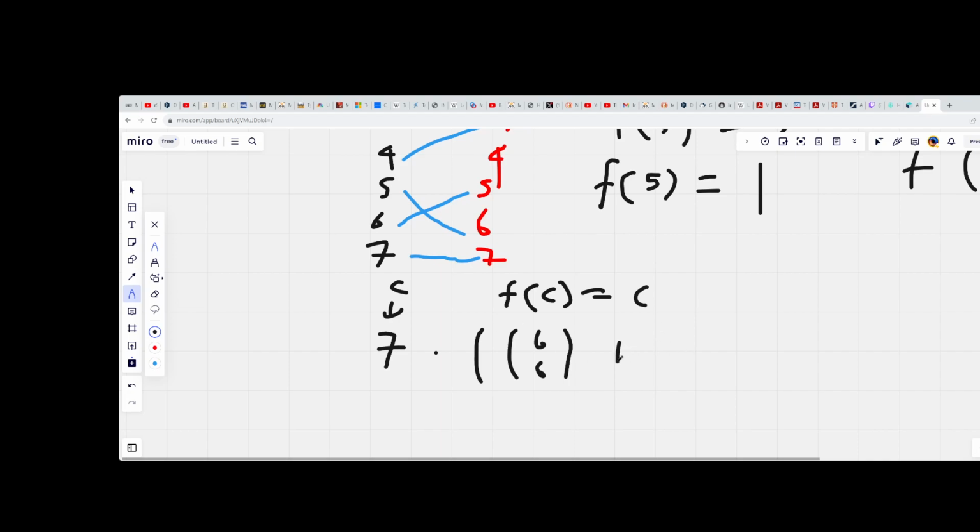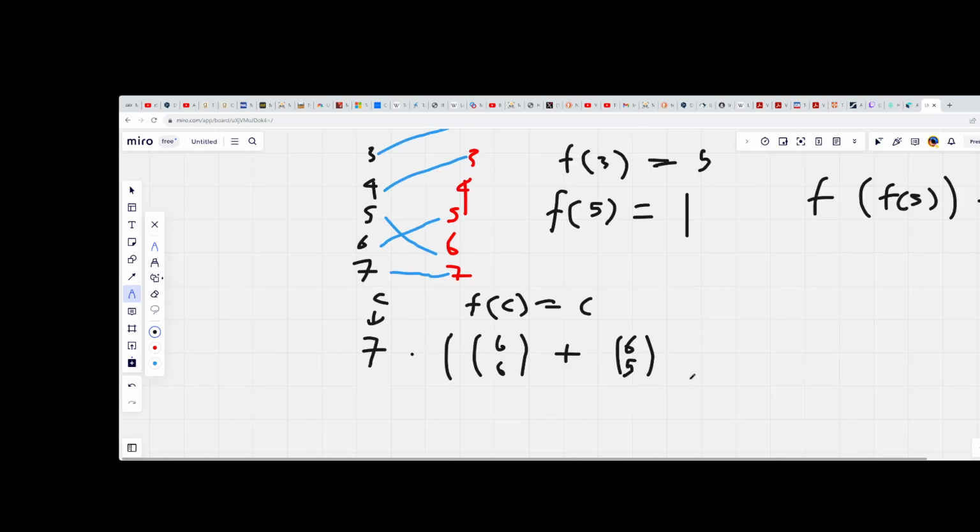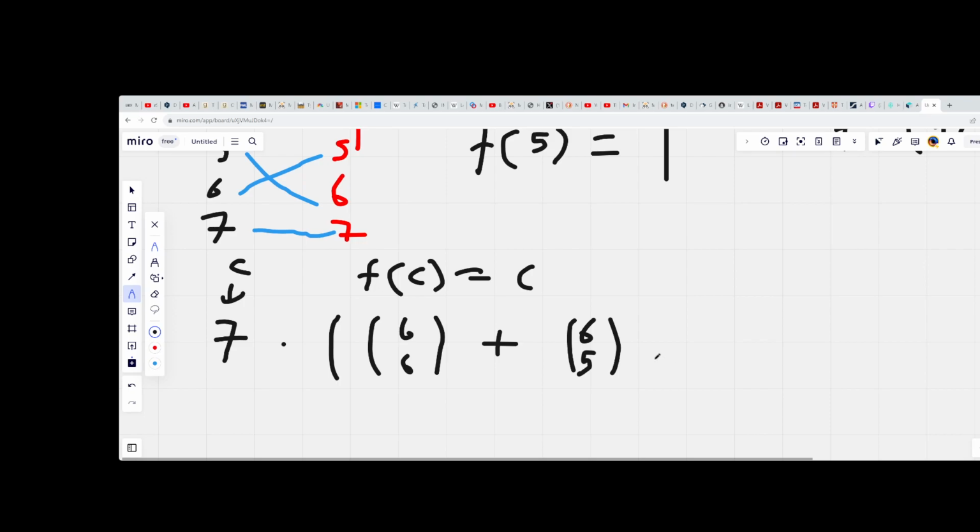Now let's say that we picked 5 of our inputs to map to the constant. Of course, there's going to be 6 choose 5 ways to do that. And now for our one thing left over, the input that's left over can map to any of these 5 that we picked.